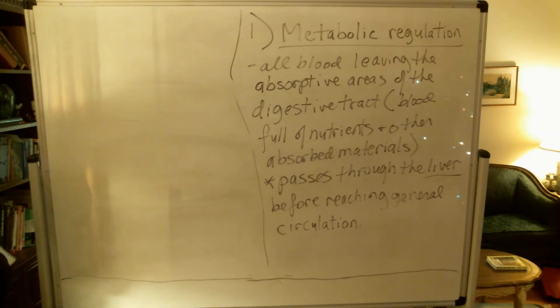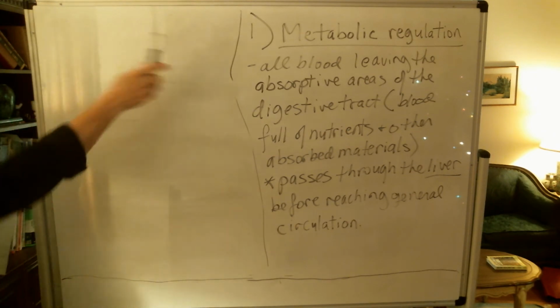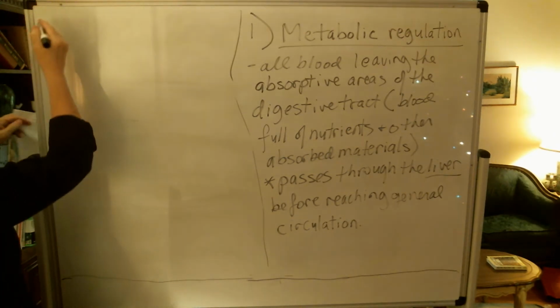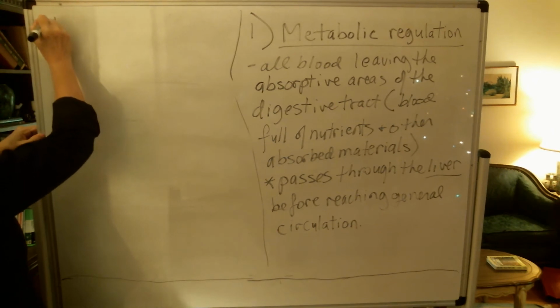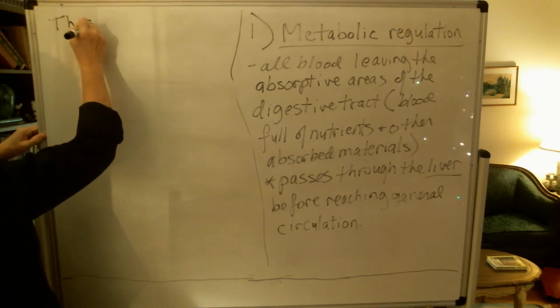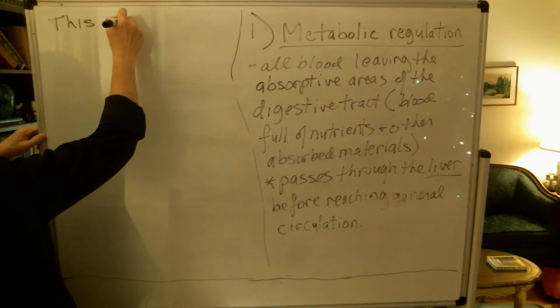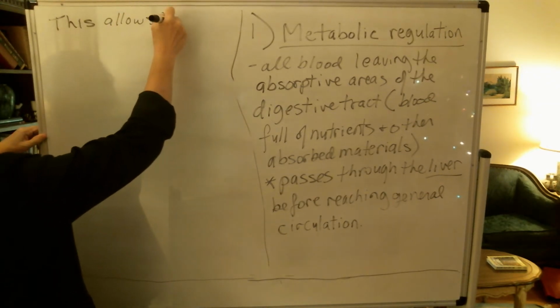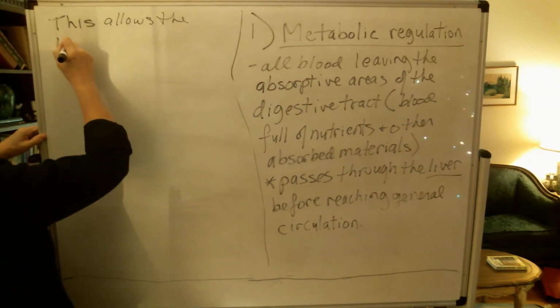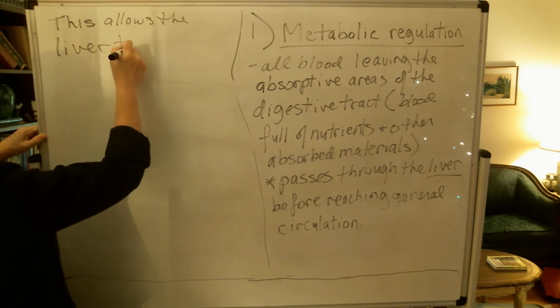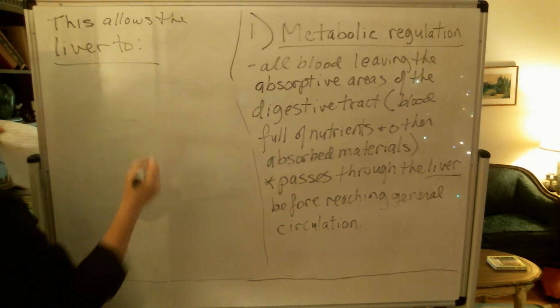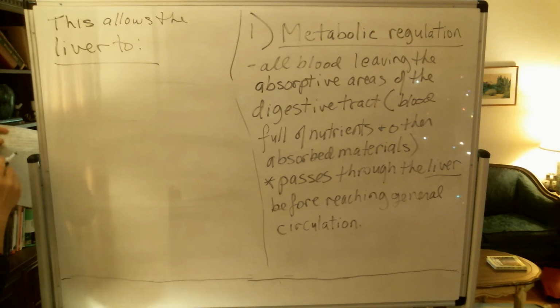Okay, so what happens then with metabolic regulation of the liver? That blood passing through the liver allows the liver to do a whole bunch of things.